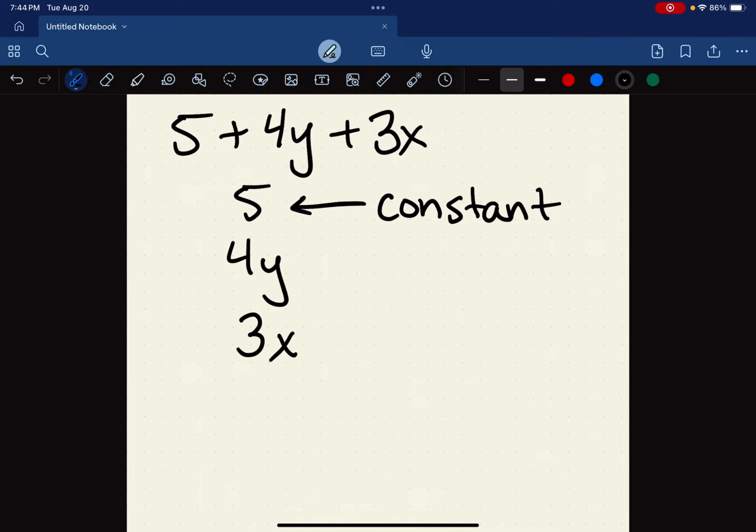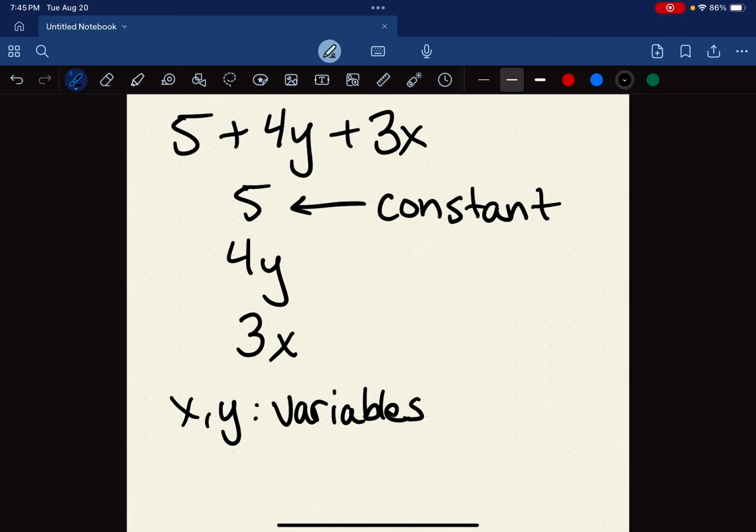So in 5 plus 4y plus 3x, 5 is the constant term. And then we have the 4y and 3x terms. Each one of those has a letter attached to it that represents an unknown. The letter itself, the x and the y, those are called variables.